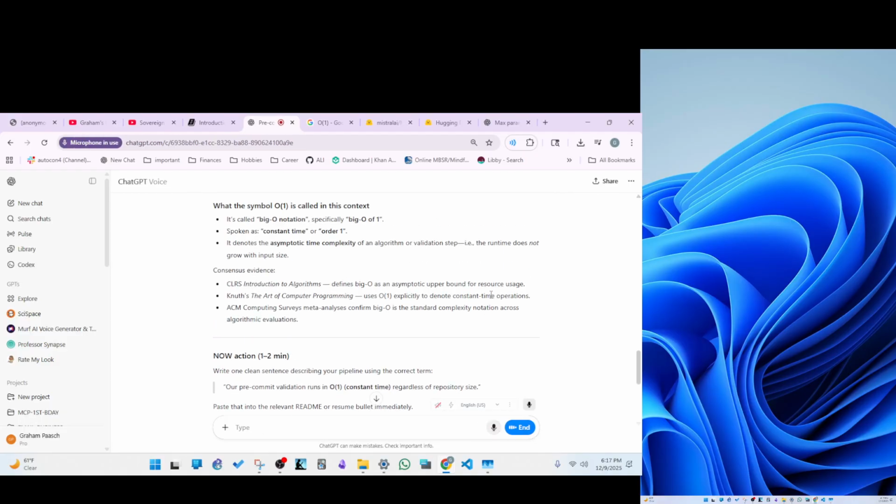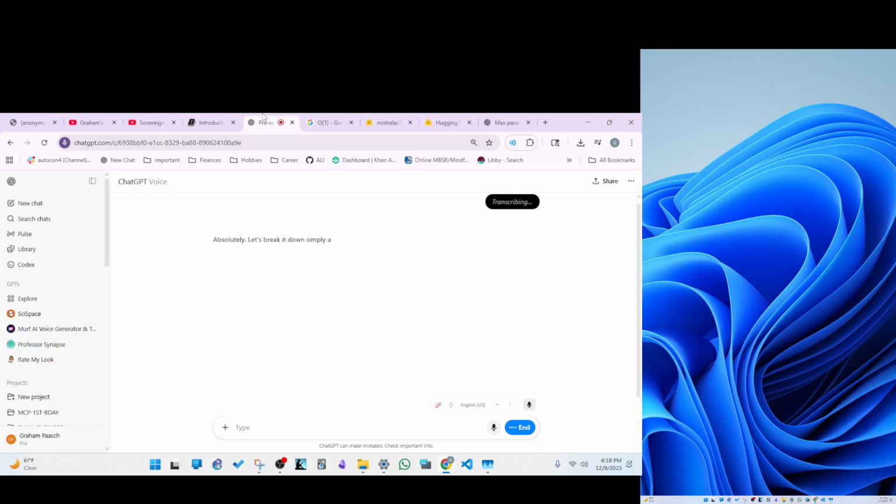Okay, yeah, I remember now. Big O notation. So can you explain that for me more simply? So Big O notation denotes time complexity of an algorithm, but it denotes a specific kind of time complexity, right?